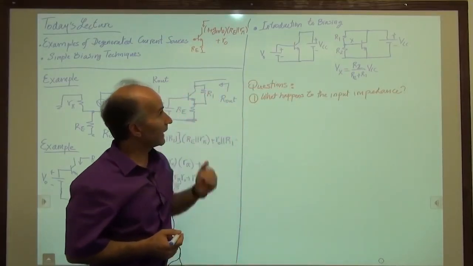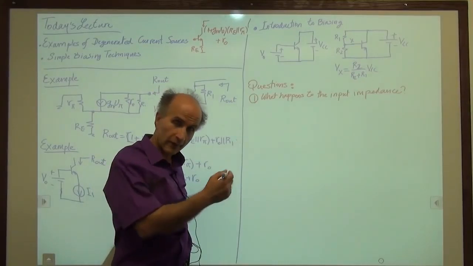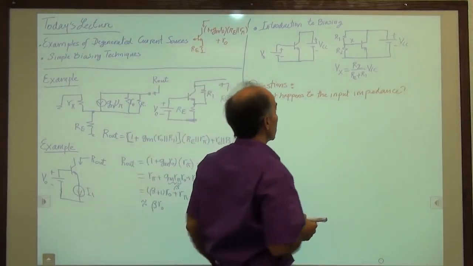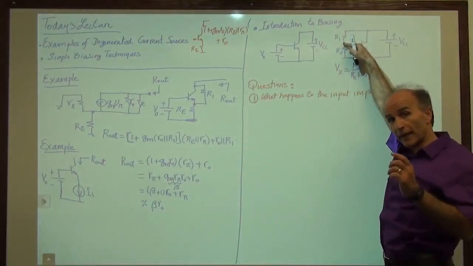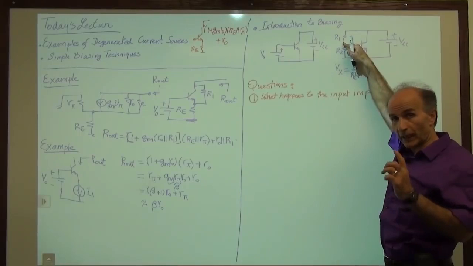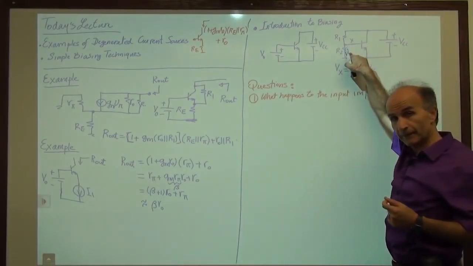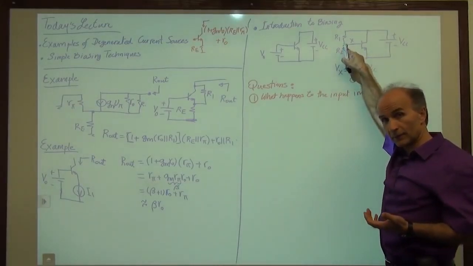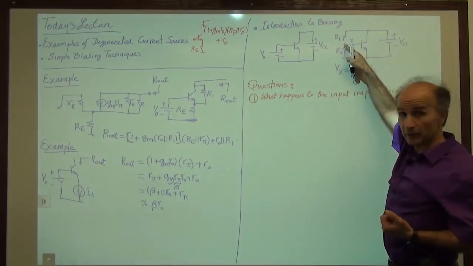Well, can we just look at it and predict what that is? Or do we have to draw the small signal model? Well, if I sit at this node, I remember that from this node to AC ground, I have R pi. That is R pi of this device. Are there any other resistors that go from here to AC ground? We have R2. How about R1?